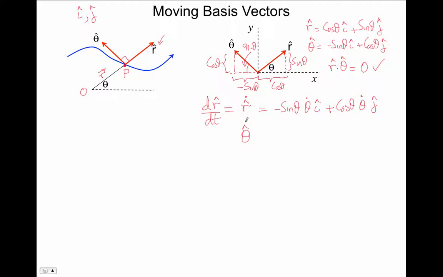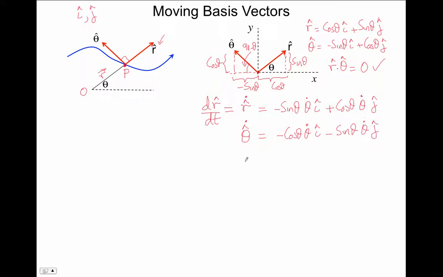Similarly, we can compute theta hat dot, and that clearly over here is minus cosine theta, theta dot i, and then minus sine theta, theta dot j.